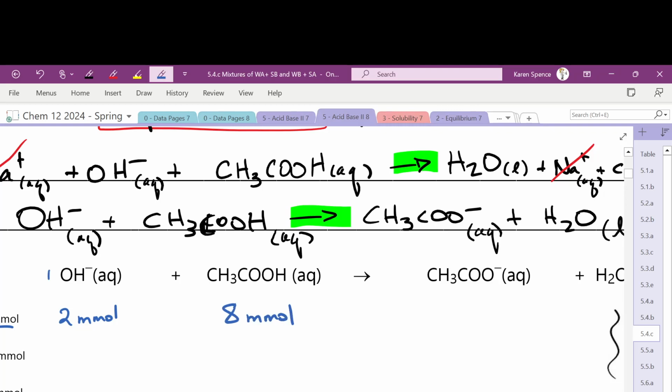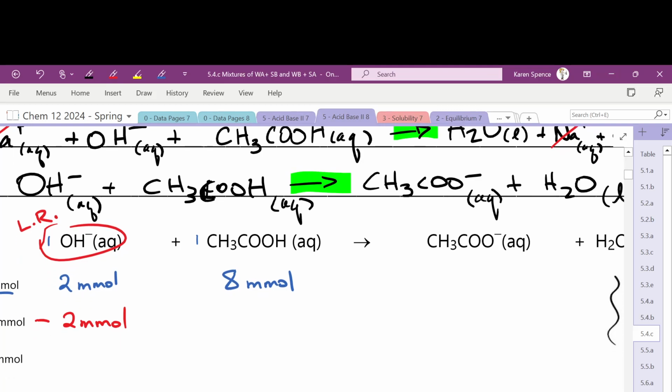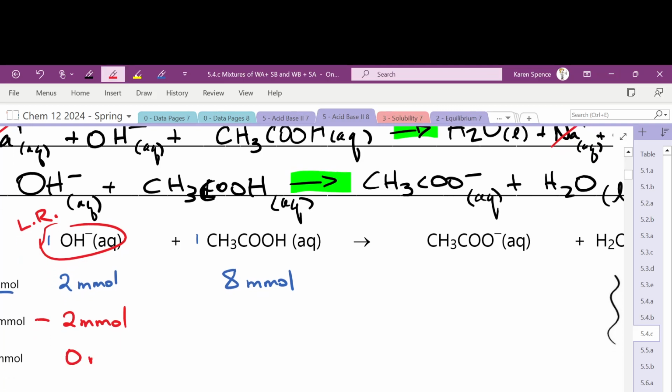Now this is a 1-to-1. So, oh look, so nice. Who is the limiting reactant? OH minus is the limiting reactant, so it gets all used up. So we're going to use up 2 millimoles, and we get 0 millimoles of OH minus left.